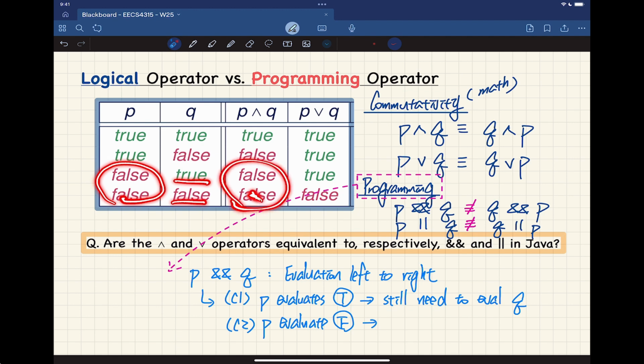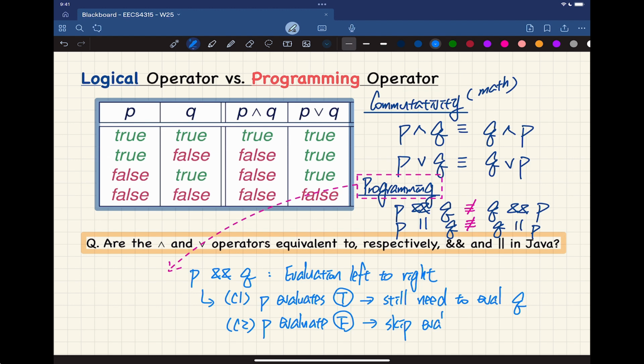So we don't need to evaluate Q, for efficiency reasons. Skip the evaluation of Q, and the overall result is simply false. That's the exact definition of short circuit evaluation for AND.